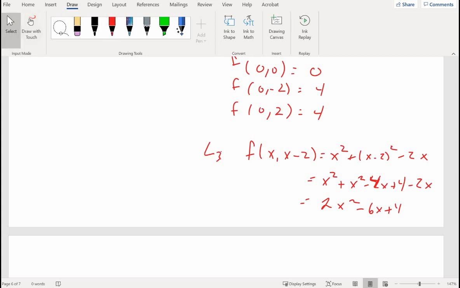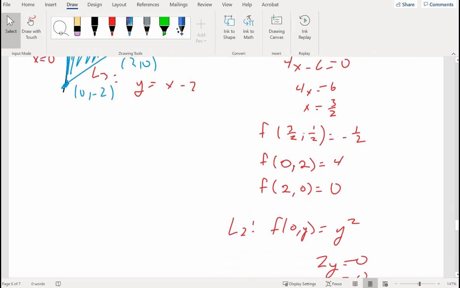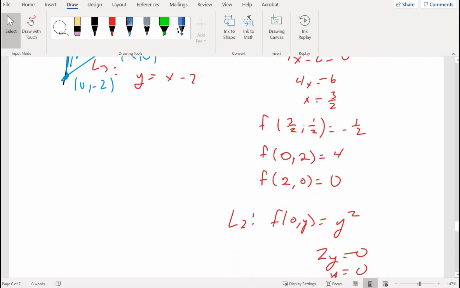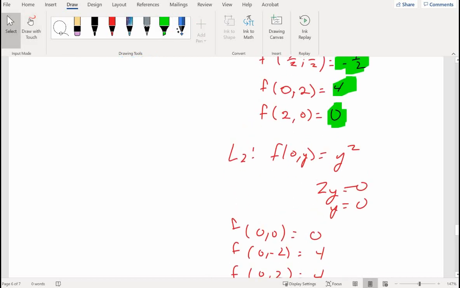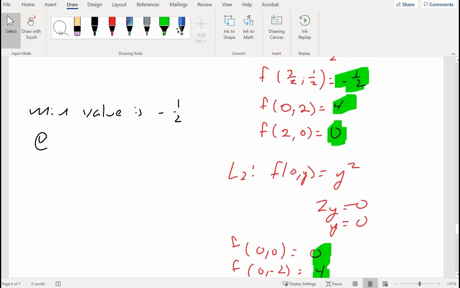So just to save our brain from doing too much, that's exactly the same function we had along the other border. So the values that we need to look at and compare are these, and we just need to know which one's the biggest and which one's the smallest. The minimum value is negative 1/2. That occurred at (3/2, 1/2).